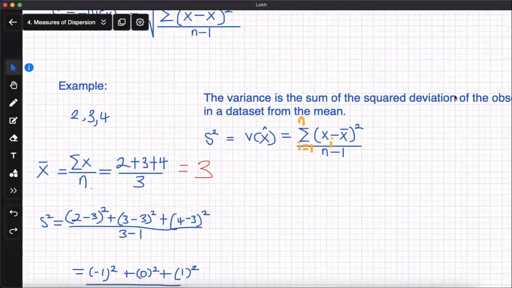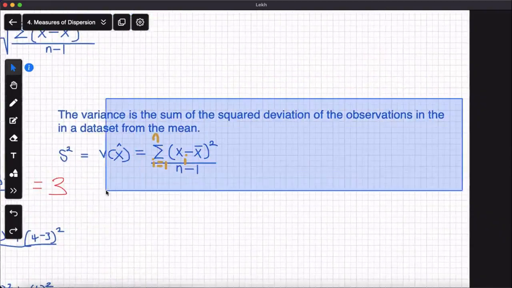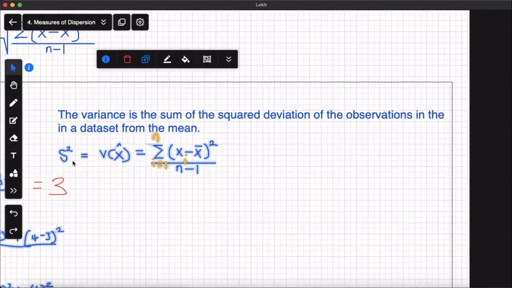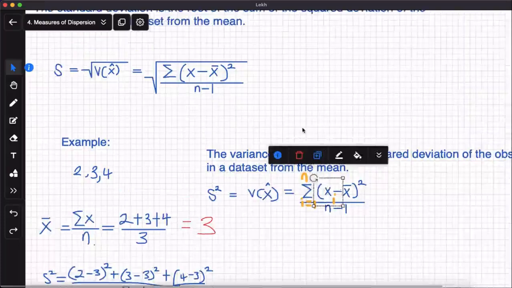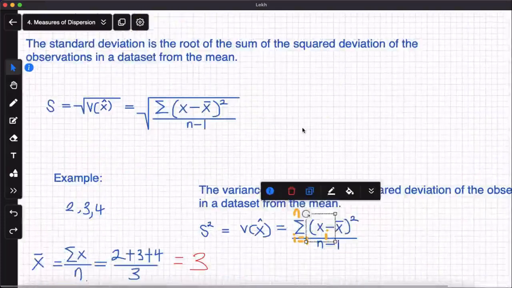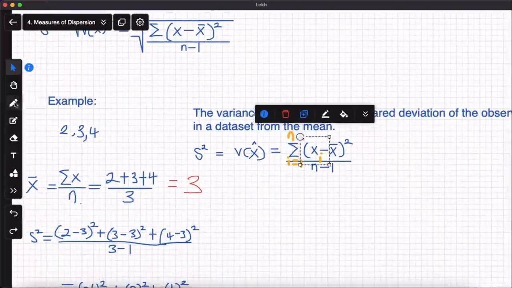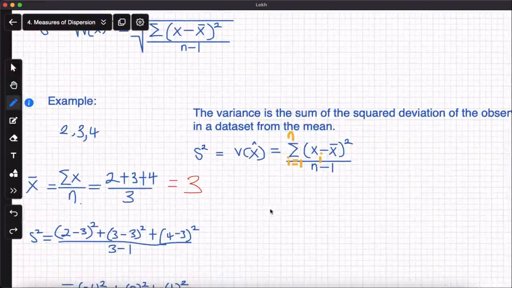All right, please take note. What we have here is what we call the sample variance. But we also have the population variance.